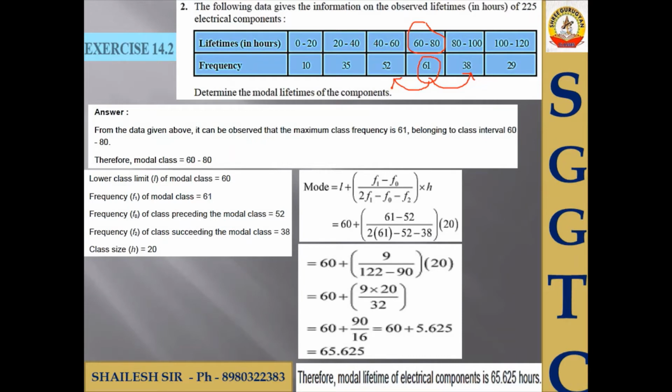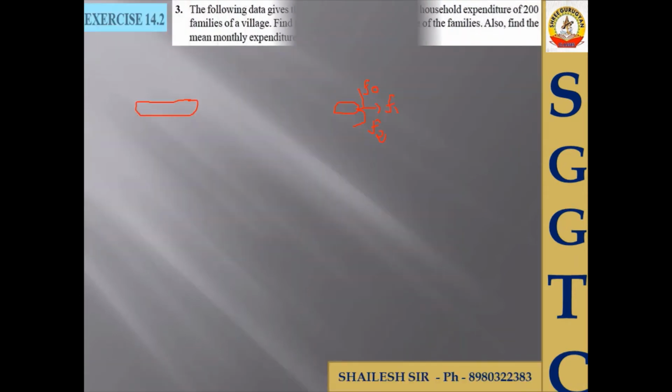Apply in the formula: mode is L plus (f1 minus f0) upon (2 times f1 minus f0 minus f2) into h. Submit the values and calculate further. Surely you get 65.625 hours as your lifetime answer. Yes, students, here the important thing is to decide the highest frequency in the given data.